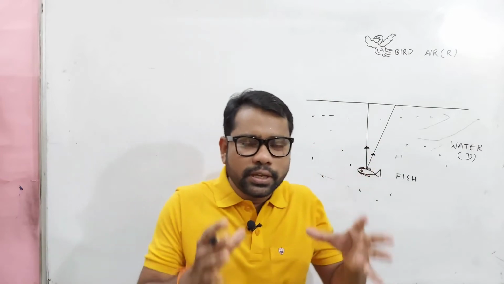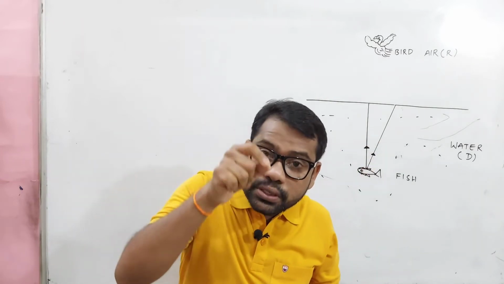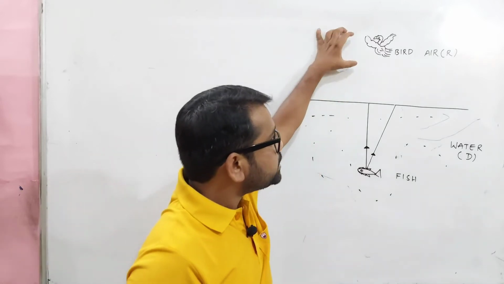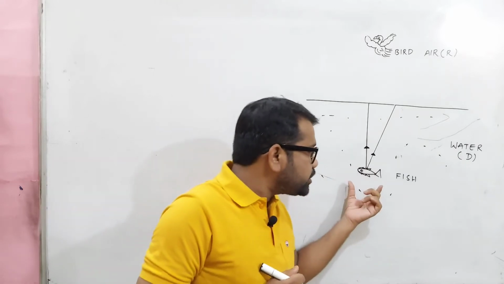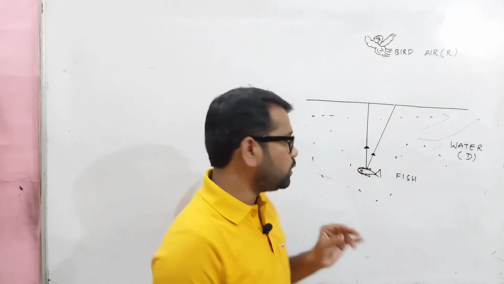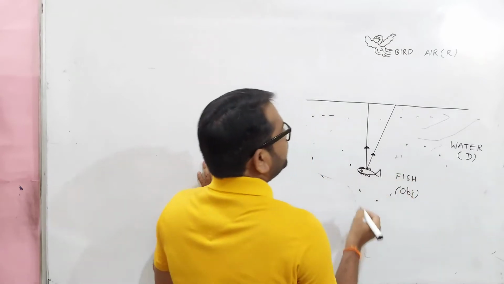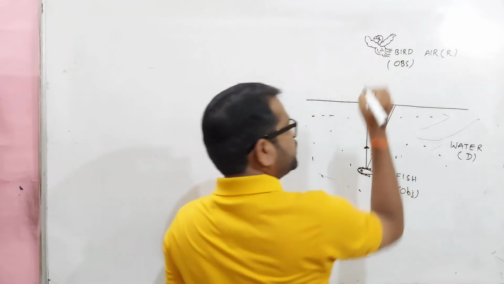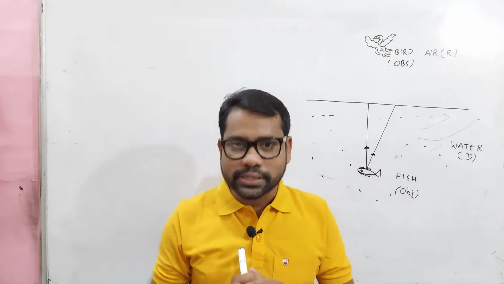Just think that here the bird is observing the fish. The first case means what here? In the first case, the bird is going to be the observer, whereas the fish is going to be the object. Very important. So the fish is the object, and here the bird is the observer. That means for a bird, how the fish appears, that we are going to discuss.